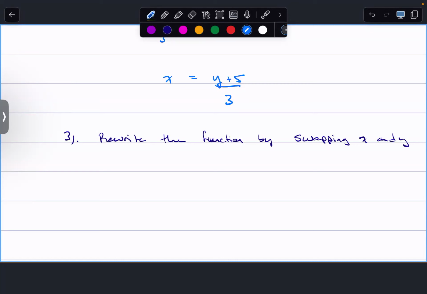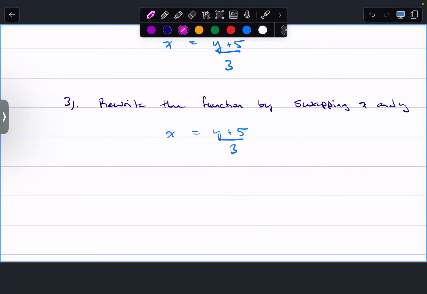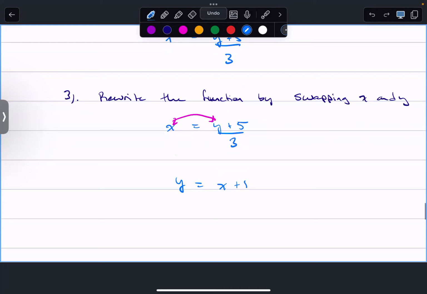So what does that look like? x is y plus 5 over 3 becomes y is x plus 5 over 3.